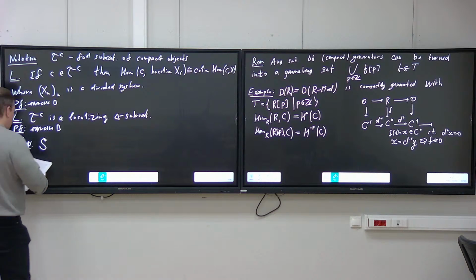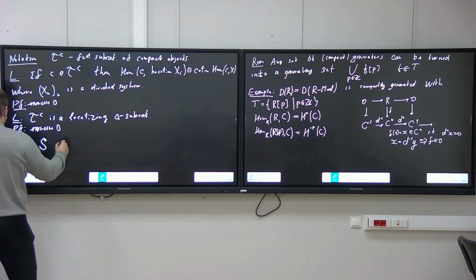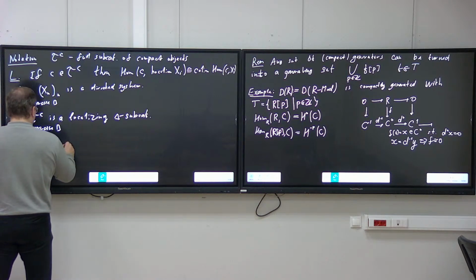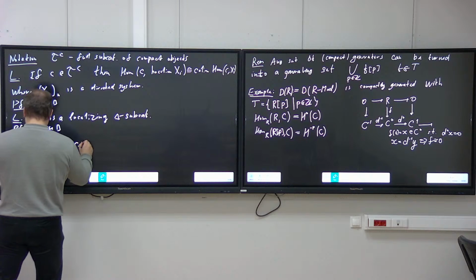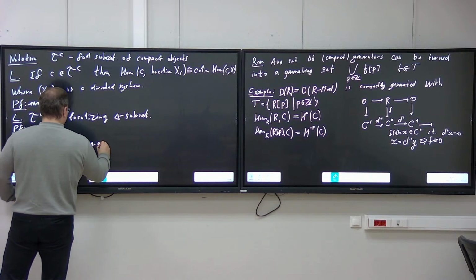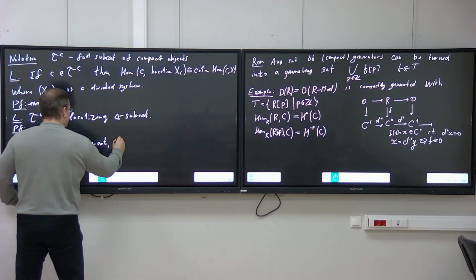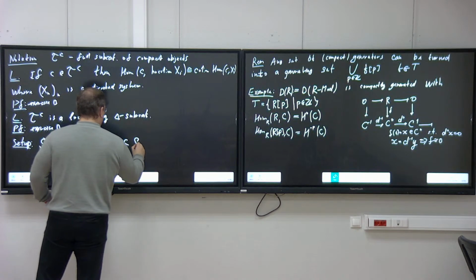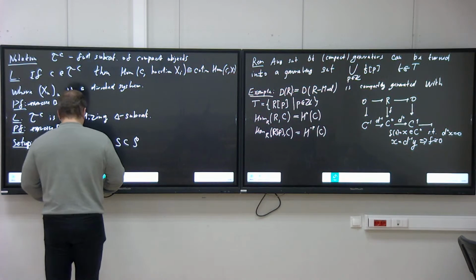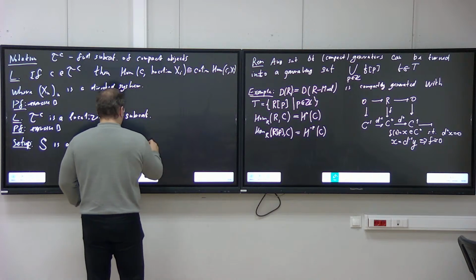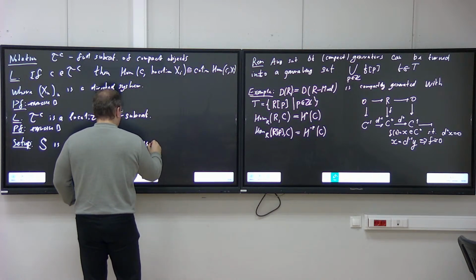So I want to say that this kind of curly S is a compactly generated triangulated category, and set S inside this curly S. So this is supposed to be a set of compact generators.